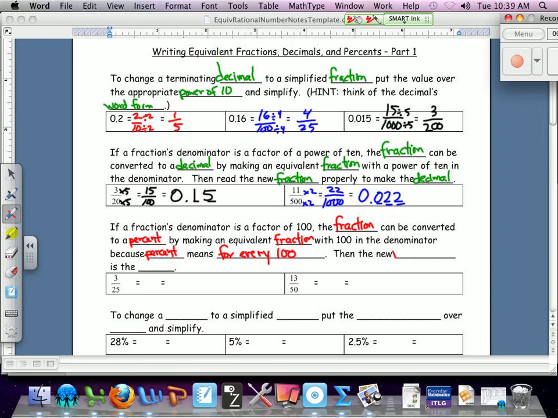Percent, for every or for each, and then cent means 100, like century is 100 years. Cents, there's 100 cents in a dollar. So cent means 100, so for every 100. So then the new numerator is the percent.